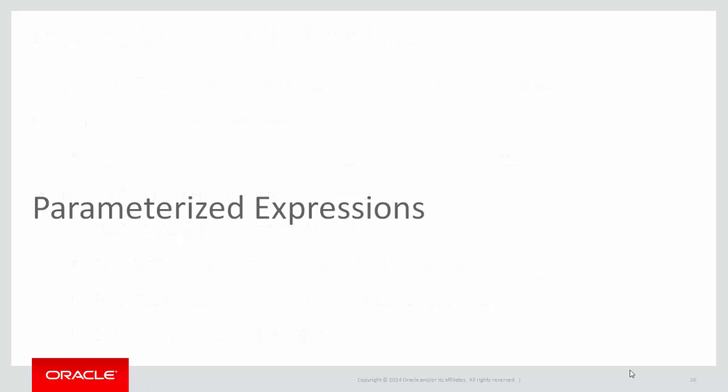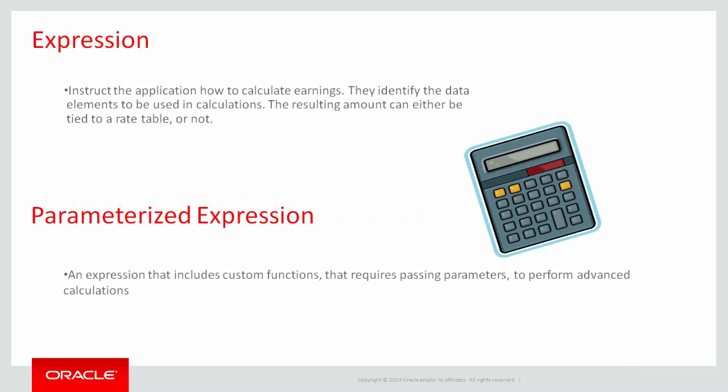And finally, I'd like to wrap up this module by talking a little bit about parameterized expressions. In the compensation plans module, as well as earlier in this advanced calculations and expressions module, we often referenced the expression builder as part of the compensation plans work area.